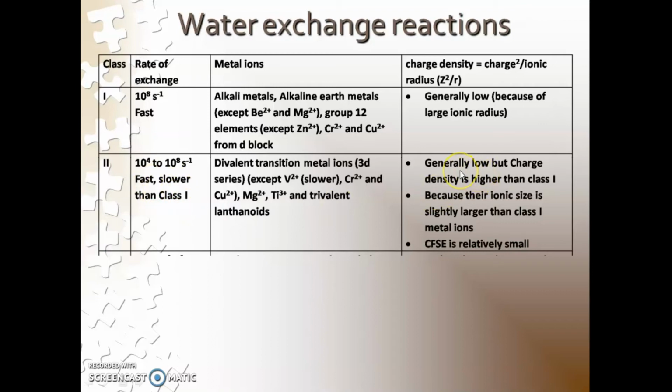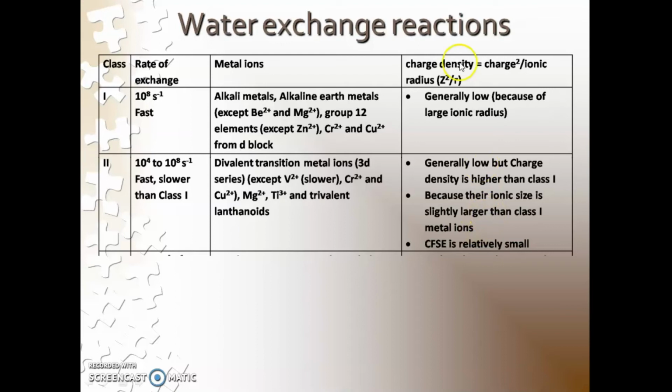These metal ions have a faster rate, but the rate is slower than the class 1 metal ions. This is because the charge density is generally low, but the charge density is higher than the class 1, because the ionic radius of these ions is slightly smaller than the class 1 metal ions.